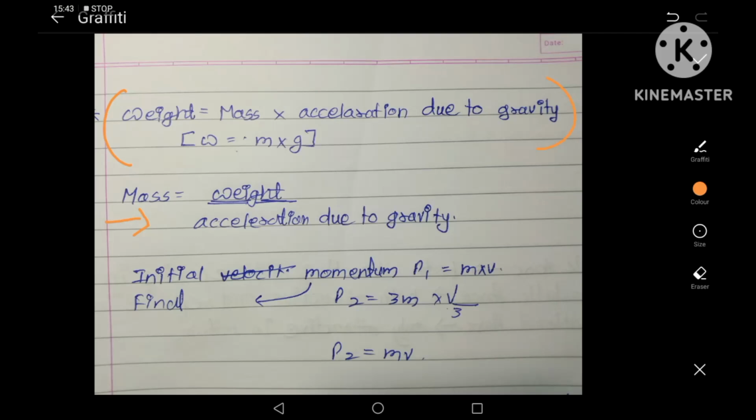And here the initial momentum P1 is equal to m multiplied by v. For the final momentum, the same formula is there. I told you in the first or second topic that there is the same formula, so you do not have to note it down because you have noted it in the first or second slide.